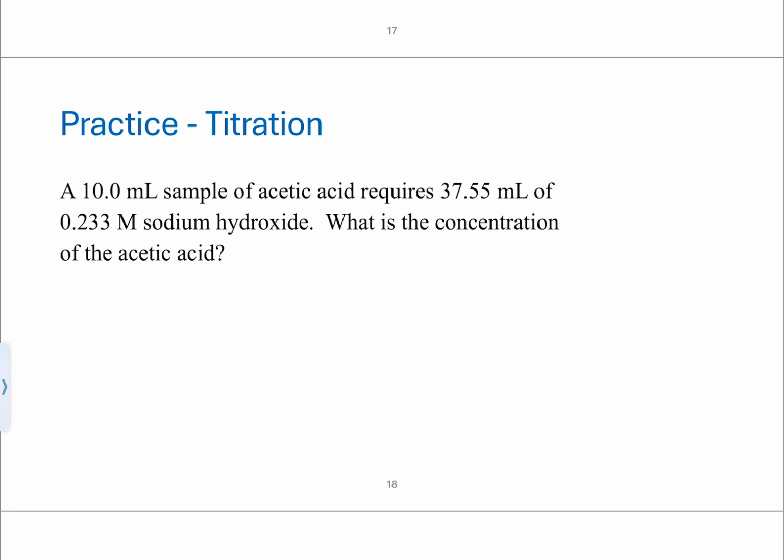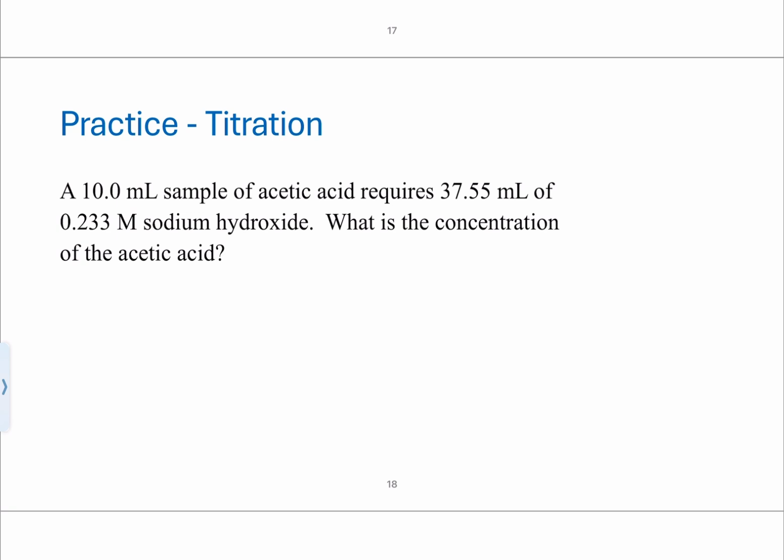So we do have a couple example problems for titration, and these are similar to the problems that you did at the end of chapter 13. So the first example, we have a 10 milliliter sample of acetic acid that requires 37.55 milliliters of 0.233 molar sodium hydroxide.